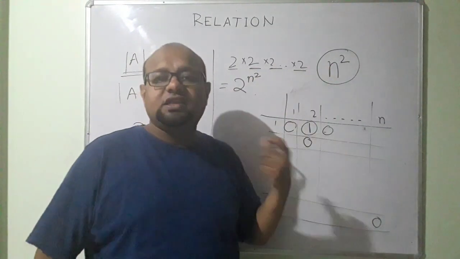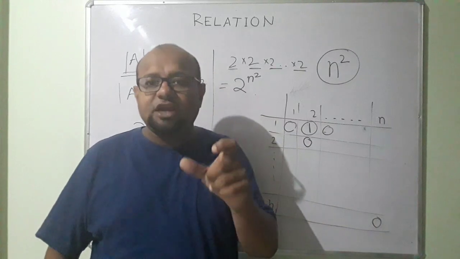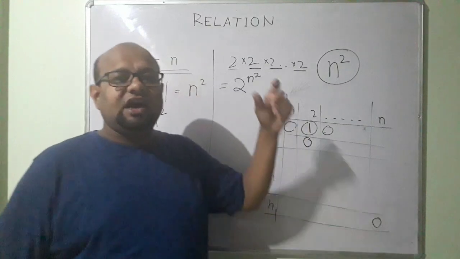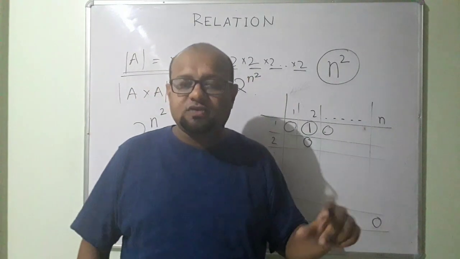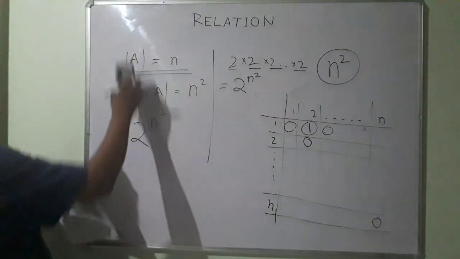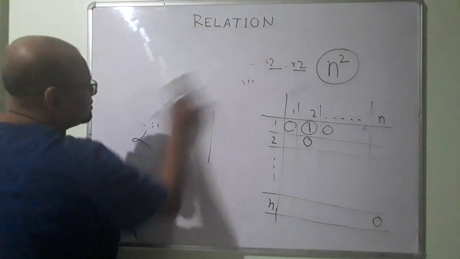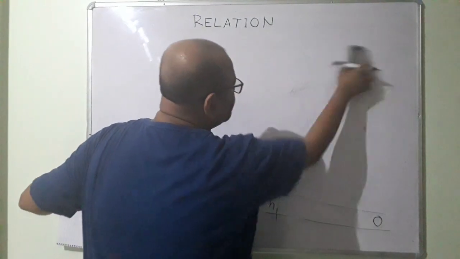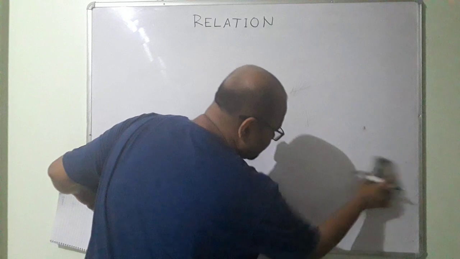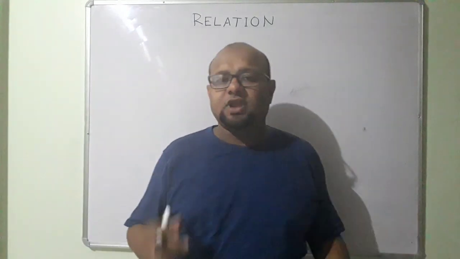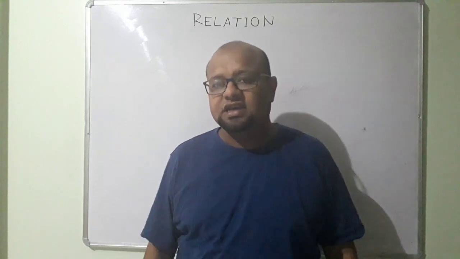So I multiply 2 n square number of times. If I multiply 2 ten number of times, it's 2 to the power 10. I am multiplying 2 n square number of times, so it's 2 to the power n square. Okay, simple. This is the total number of relations that I may have on a set A with n elements.